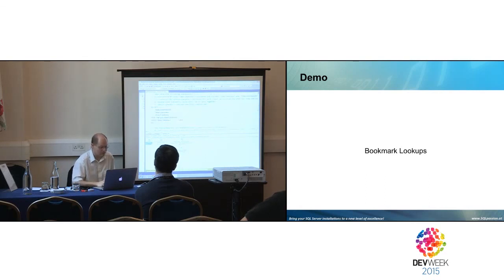I have here another query which performs a bookmark lookup on a clustered table. As you can see, we request here a range of email addresses from the table person.email address. As you can see, that seek operation returns us 19 qualifying rows.